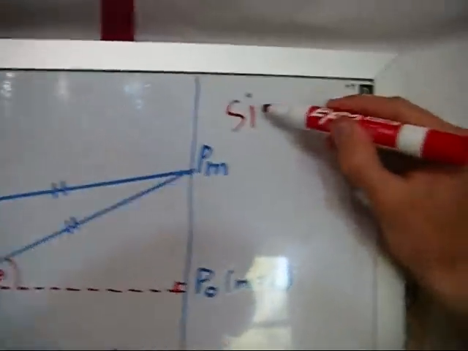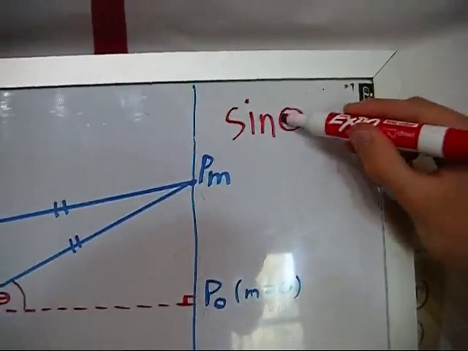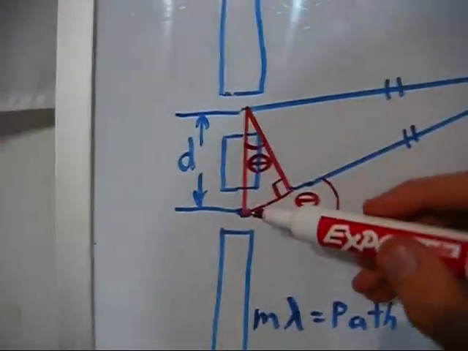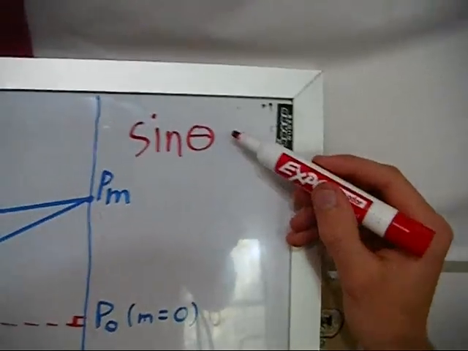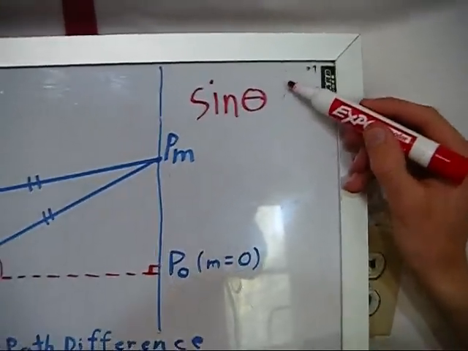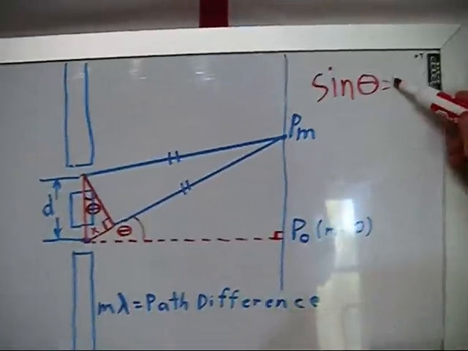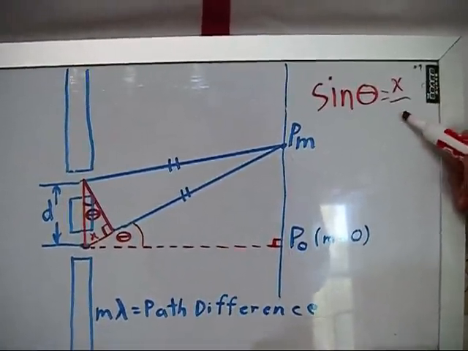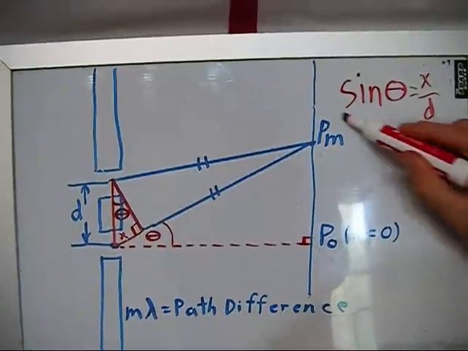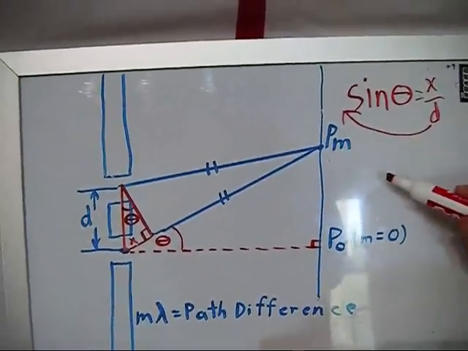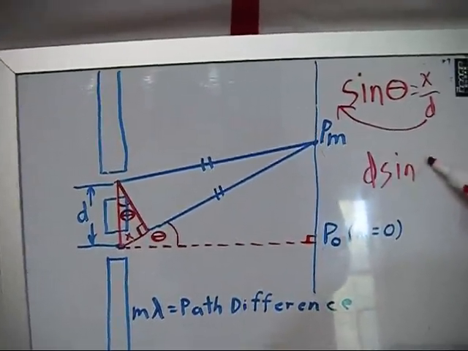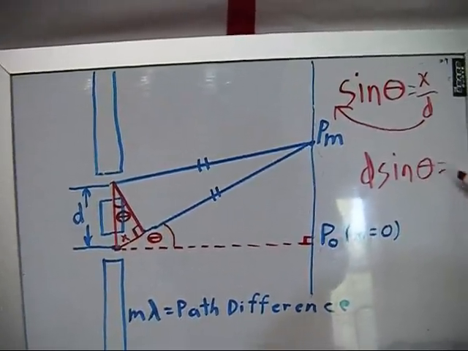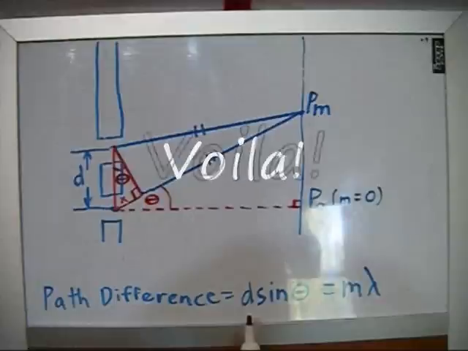Sine of theta equals, and we'll call this x, the opposite, x, over the distance. And then you pull the d up, and d sine of theta equals the path difference.